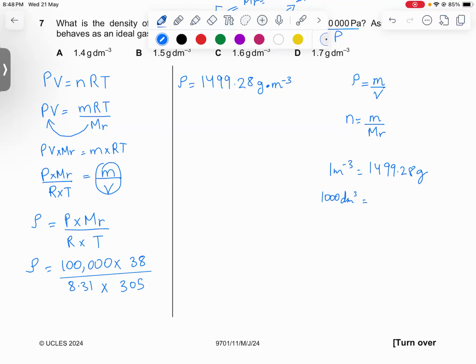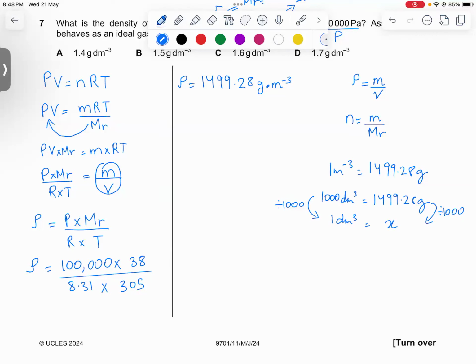So basically in 1000 dm cubes there is 1499.28 grams of fluorine. So how much would there be in just 1 dm cube? You can simply cross multiply, or basically how have I gone down? I've divided this by 1000, right? So I can go and divide this side by 1000 as well.